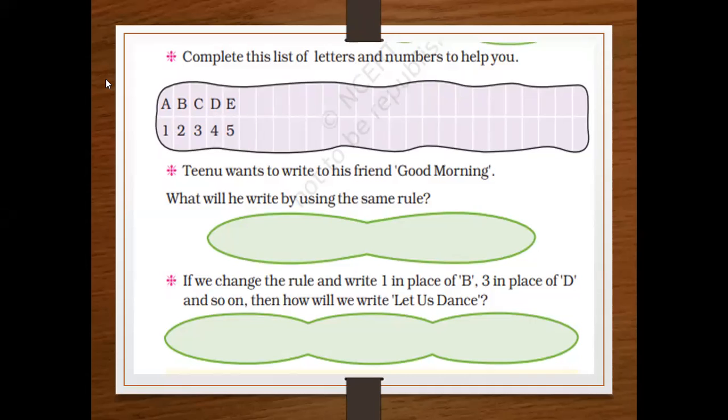Third one is a different question. Third one, a special rule is mentioned. Generally, B means 2, but he says B means 1, C means 2, D means 3. So we are taking its previous number. Then A will become 26, the last number, because Z will be 25, Y will be 24.